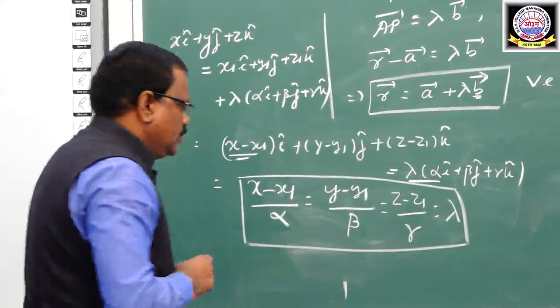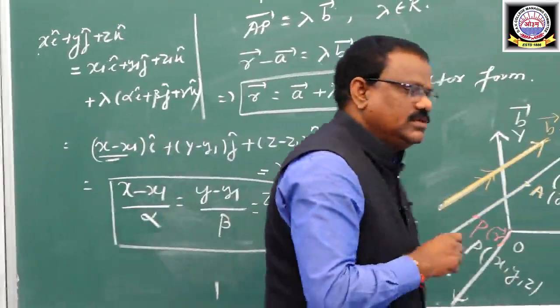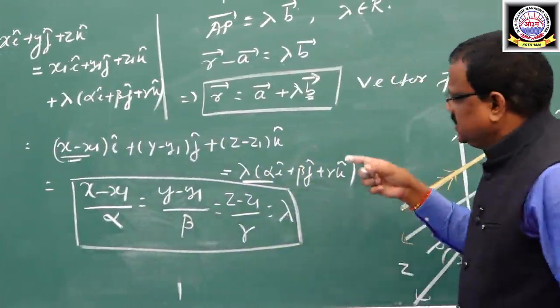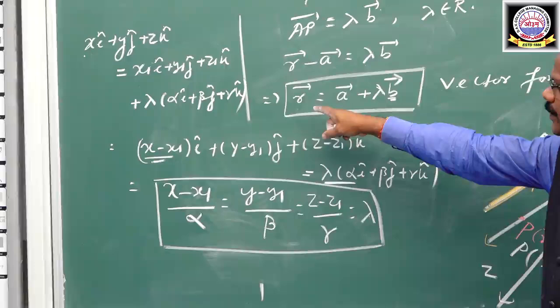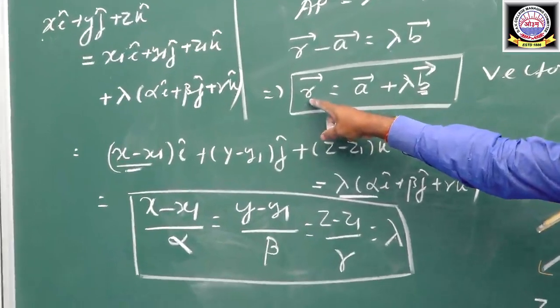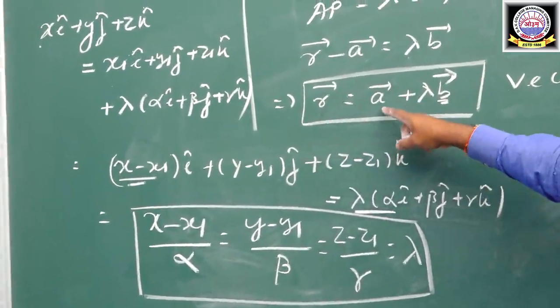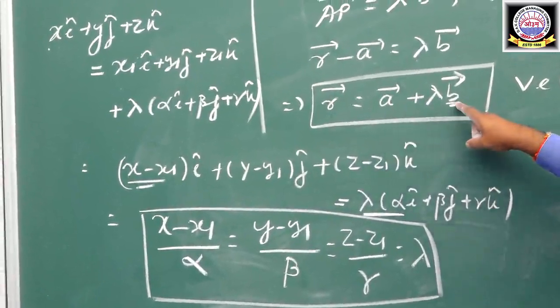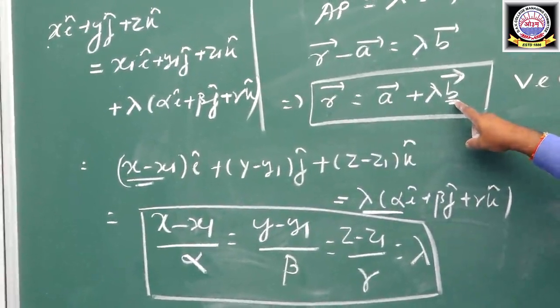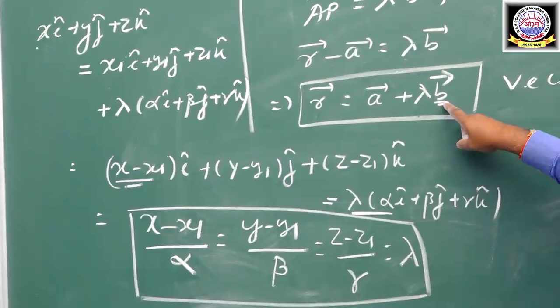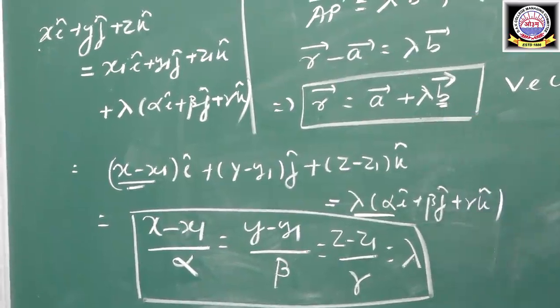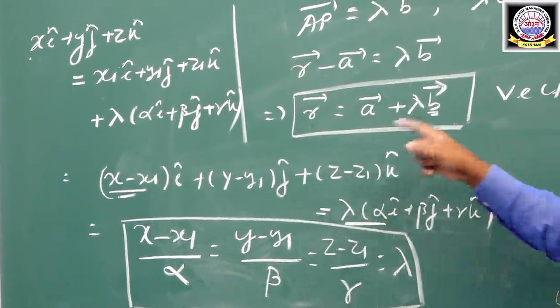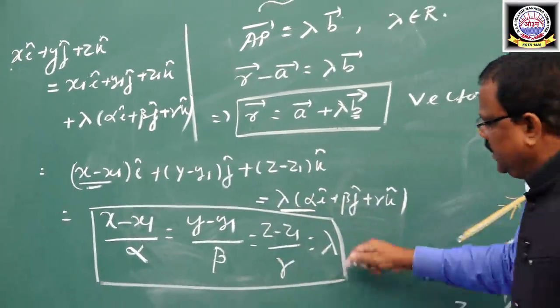So, my dear students, once again you see the derivation. I have put the Cartesian form of R, the Cartesian form of A and the vector B in the component form alpha i plus beta j plus gamma k. Comparing both sides, I obtained this.